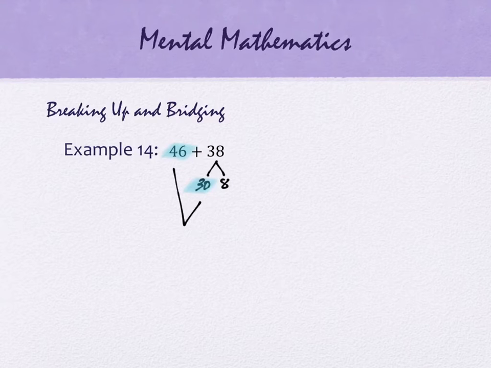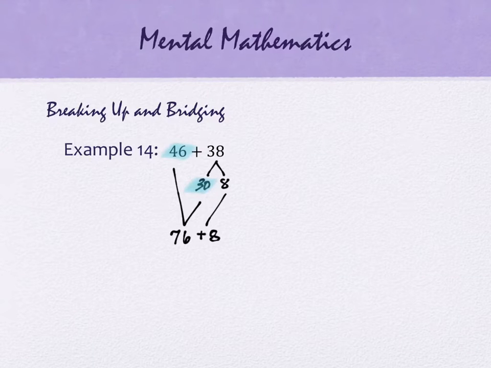Okay, so it's not exactly like single digit plus single digit addition, but the only reason it's not is because there's a 0 in one of the places that makes it double digits, right? The 0 and the 6 are going to add together so very nicely that I'm not bothered by them, is the idea. So then the 40 and the 30 are 76. And then we add on the 8.